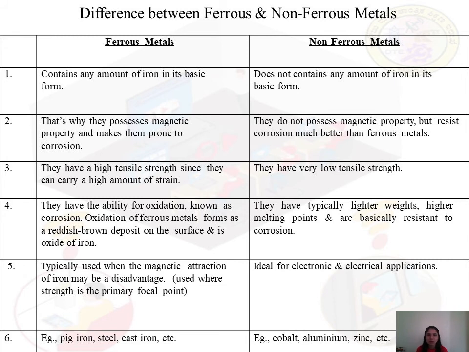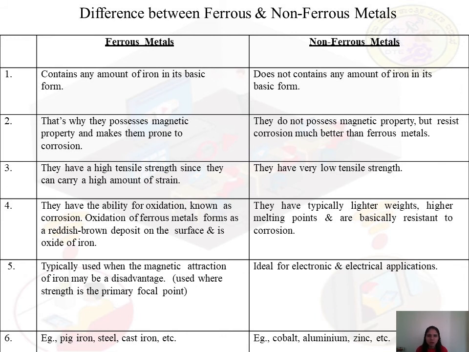Ferrous metals are used where strength is primarily focused. Where the magnetic property is not required, it is given least importance. Where strength is given more importance, ferrous metals are used. Non-ferrous metals are ideally used for electronic and electrical applications.